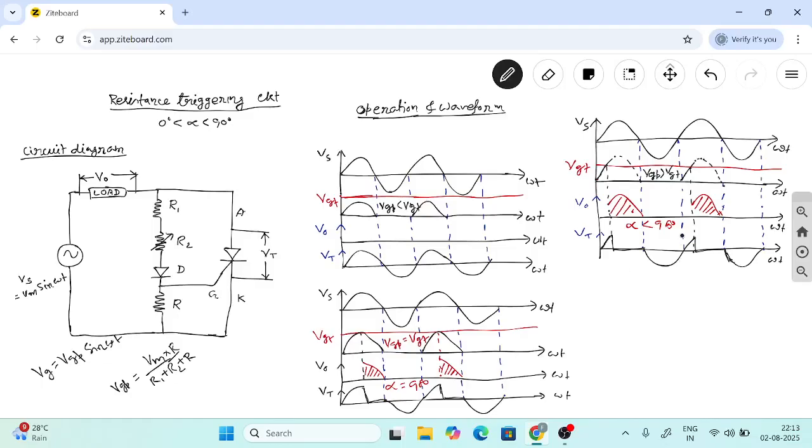So we can vary the firing angle alpha from 0 to maximum 90 degree in case of resistance triggering.